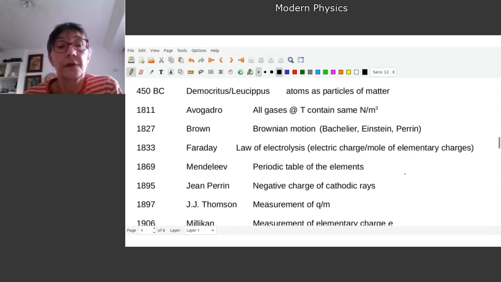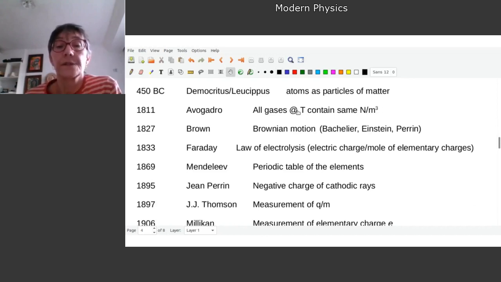So at the beginning of the 19th century, Avogadro made a series of experiments, and he discovered that all gases, at a given temperature, all contain the same number of particles per unit volume.